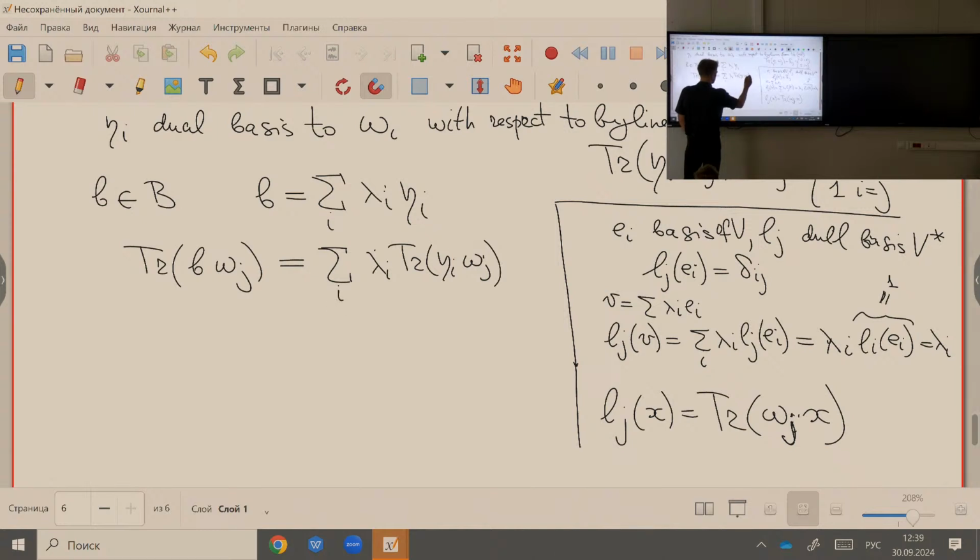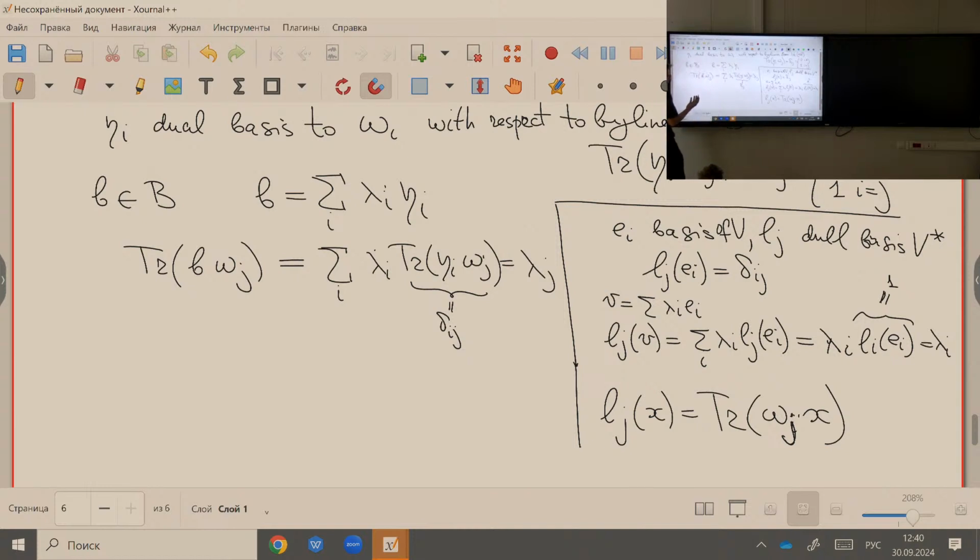So this is precisely lambda j. I'm just rewriting this thing for illustration, that something has occurred here, but of course this is precisely the calculation we have done before.